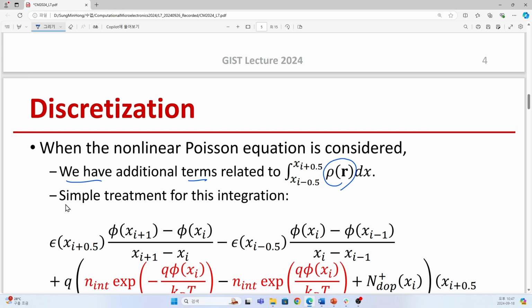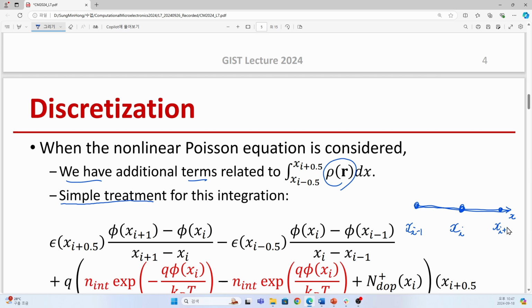In this case, our approach is so simple. Let's say this is our position, and here we have x sub i, and of course here we have x sub i minus 1, and here x sub i plus 1.